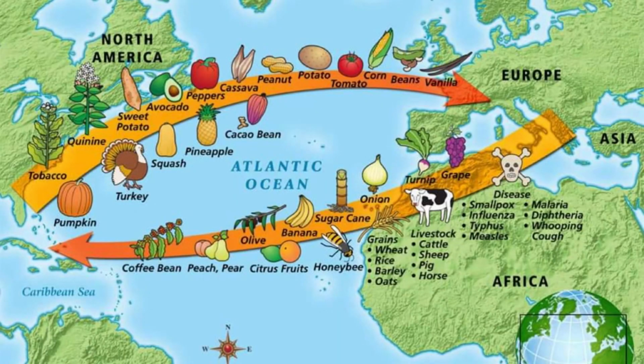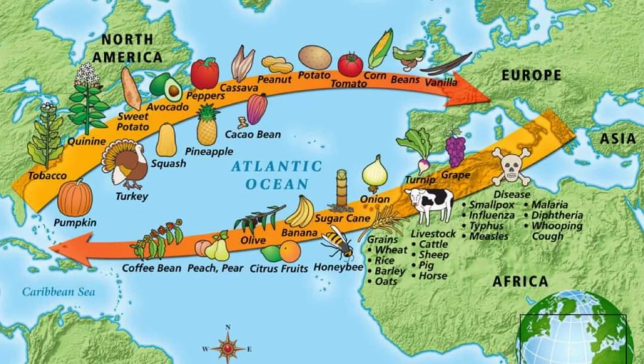The next theme of Unit 1 is the Columbian exchange. There is this exchange of goods, people, animals, and of course diseases between the old world and the new world, and vice versa.